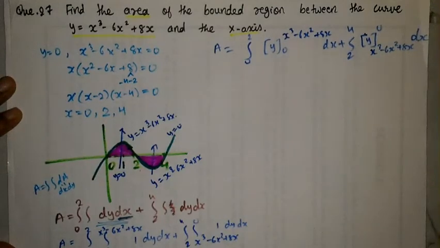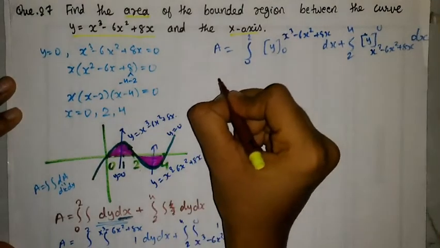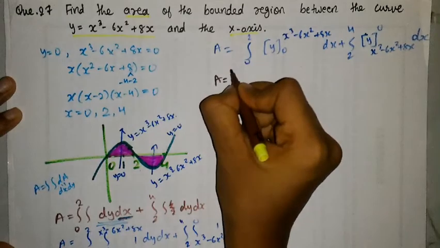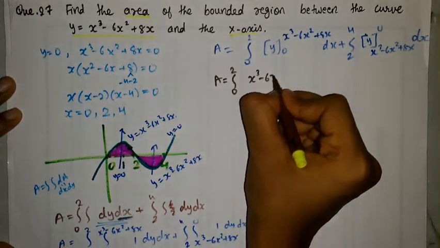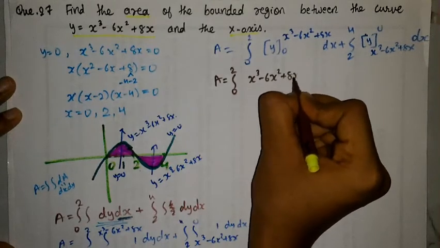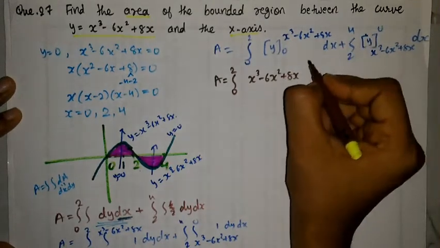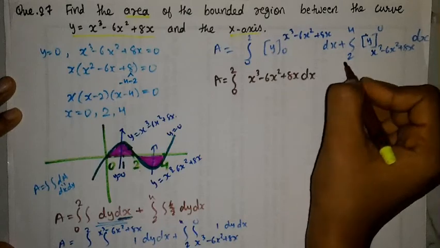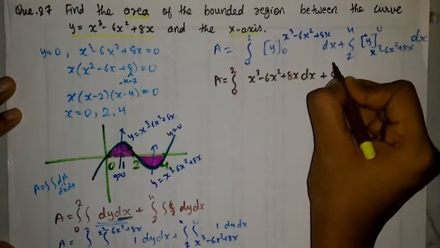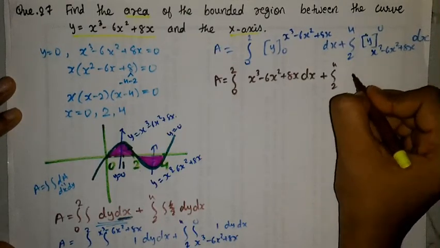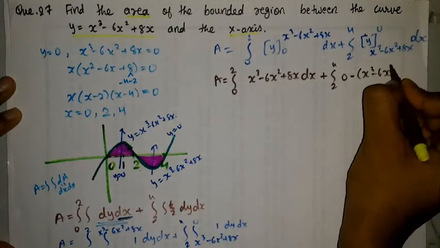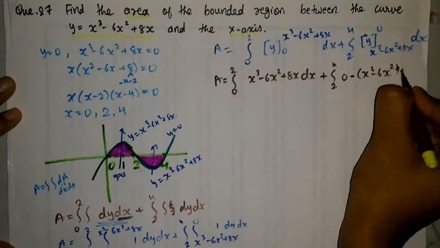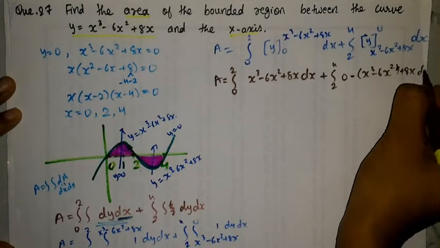Now put the limit, so we get area is equal to integration from 0 to 2 upper limit minus lower limit, so x cube minus 6x square plus 8x, and minus 0 is going to be 0 only, plus integration from 2 to 4 upper limit 0 minus lower limit x cube minus 6x square plus 8x into dx.